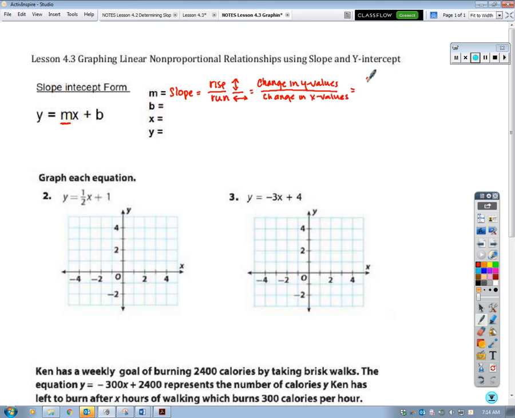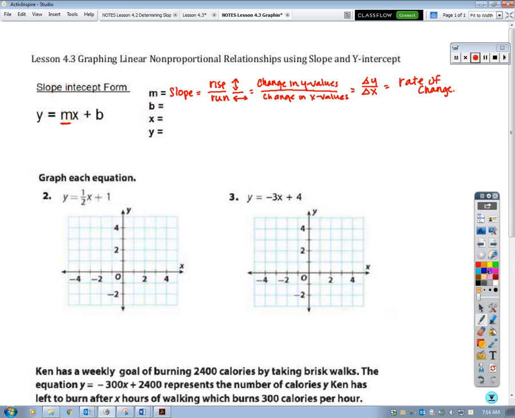You'll see it written change in y over change in x, and we also call this our rate of change. So that's that quick review on what slope is.